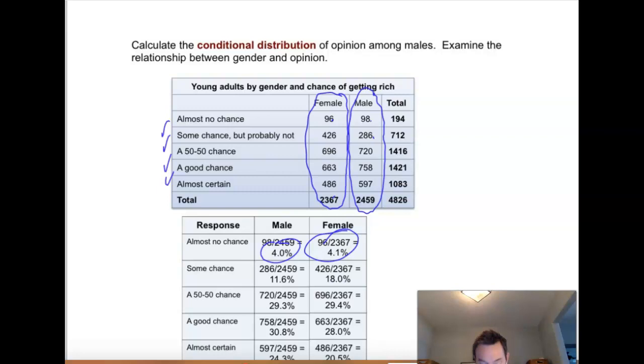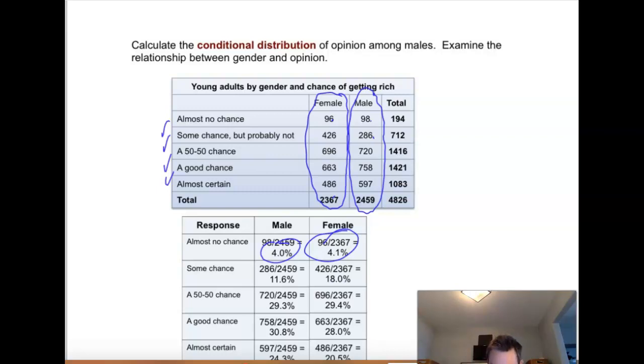So what I mean by that is, is gender associated with opinion of wealth, or the opinion of your chance of getting rich by age 30? They would be associated if their distributions across male and female were very different, because then knowing the value of one helps to predict the value of the other.